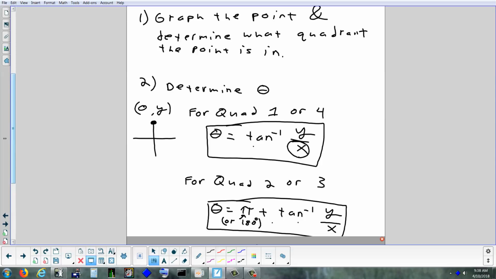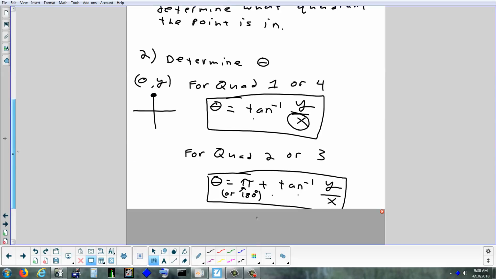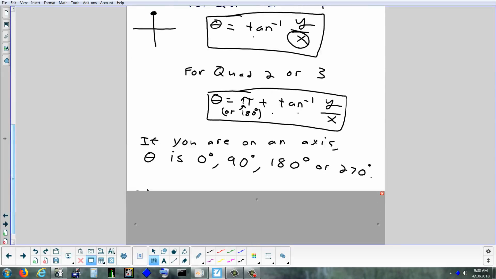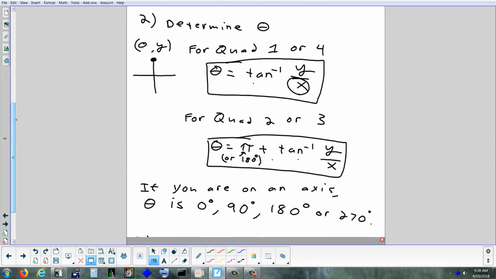You can't do that. So when you're on an axis, either one of the 4, you just have to memorize what the answer could be. There's only 4 options. It's either 0, 90, 180, 270. And you might be saying, well, how do I know if it's on an axis? If a coordinate is on an axis, it always has something special about it.